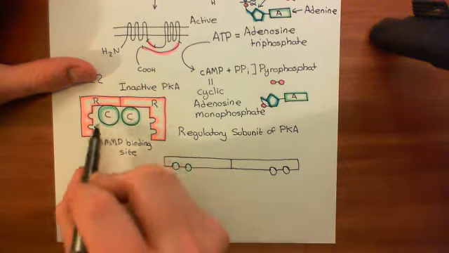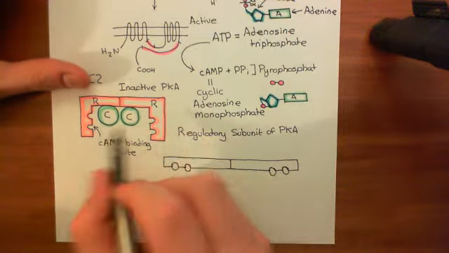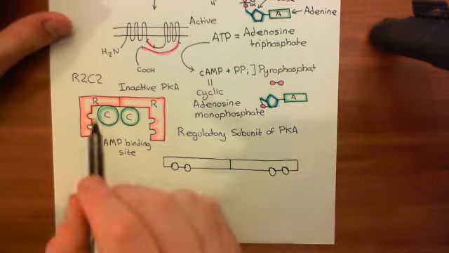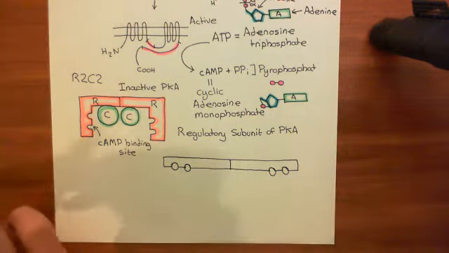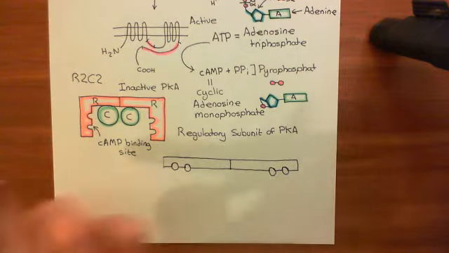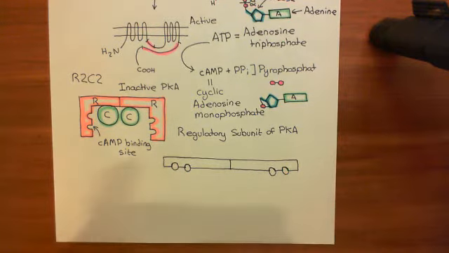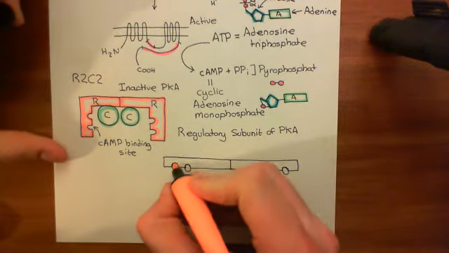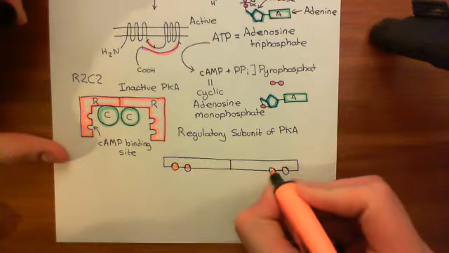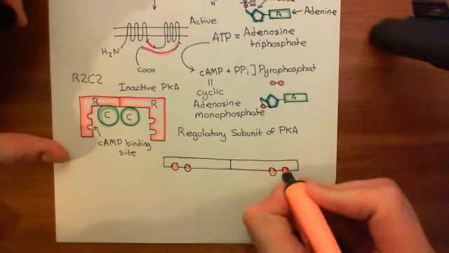And each one of these catalytic subunits is an enzyme of its own accord. Okay, so each one of them goes off on their own and then can phosphorylate serine and threonine residues. So you don't need two of them to be able to do it. Okay, right. So these little balls that I'm showing here that I'm now colouring in orange, those are meant to now represent the cyclic AMP molecules.